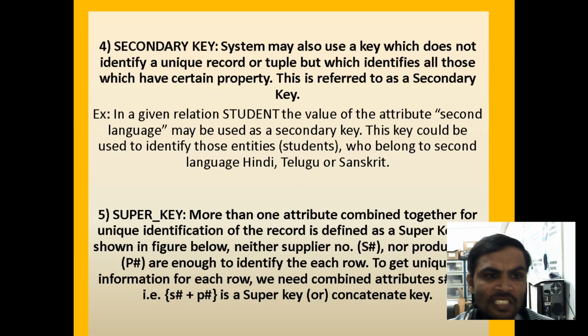Next we are going for the secondary key. The system may also use a key which does not identify the unique record or tuple, which we can call a secondary key. Secondary key means the system may also use the key by default, if you are not assigning it at the time of creating the table.